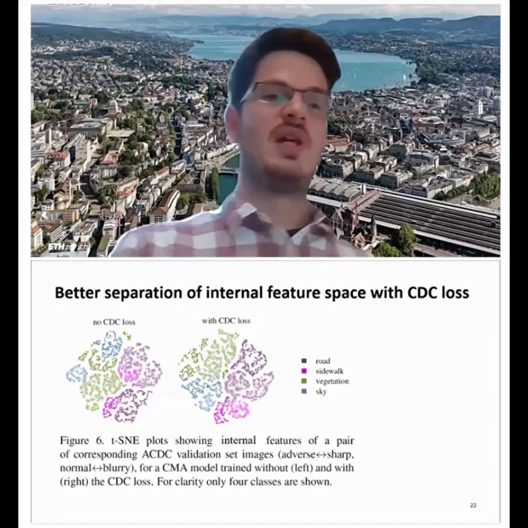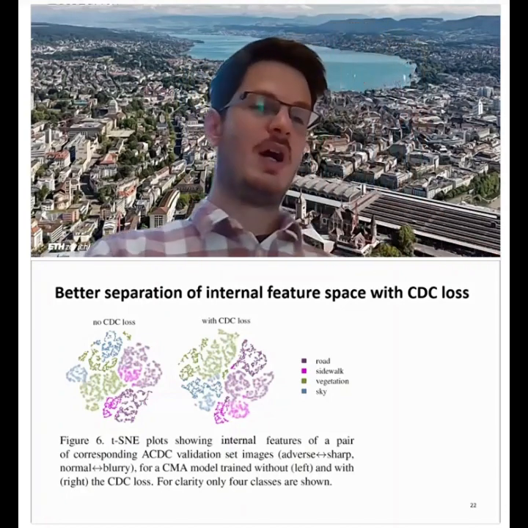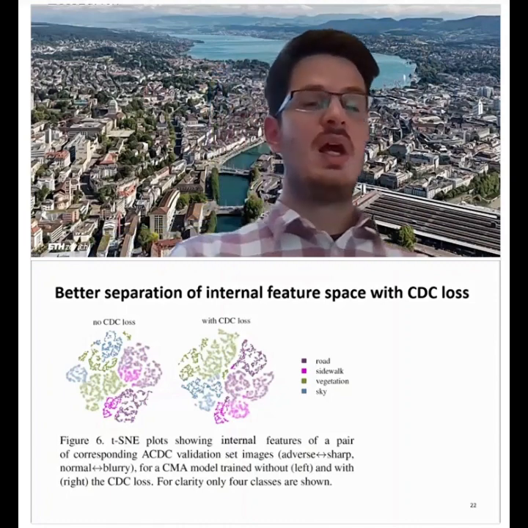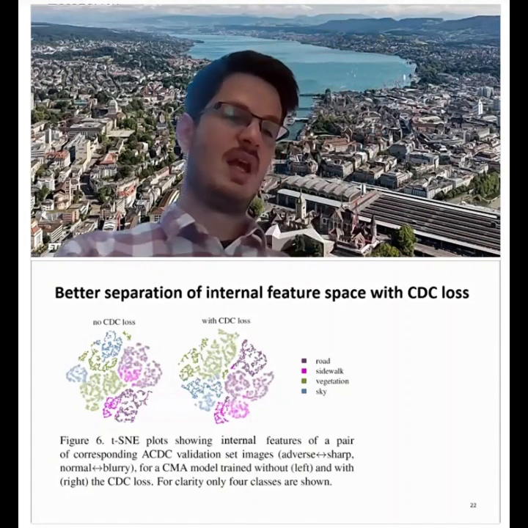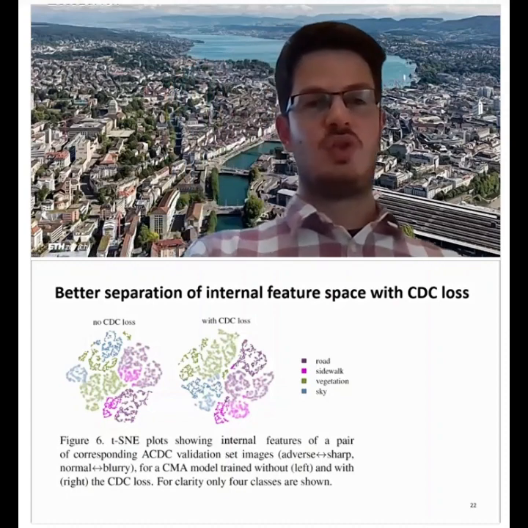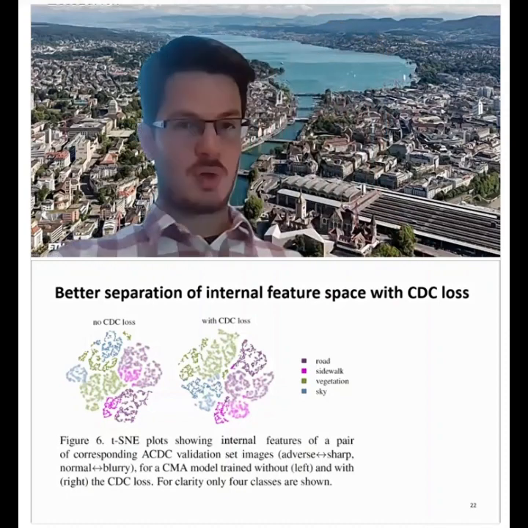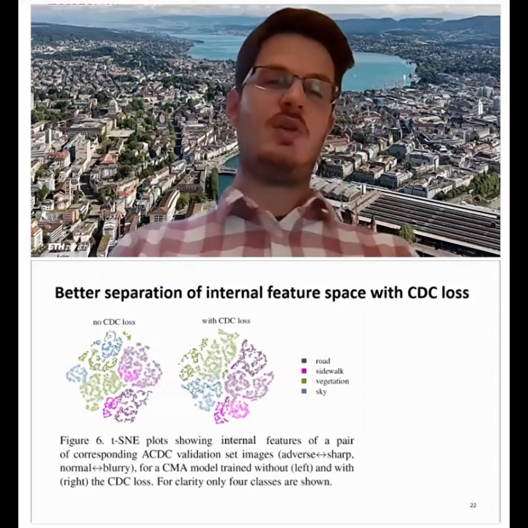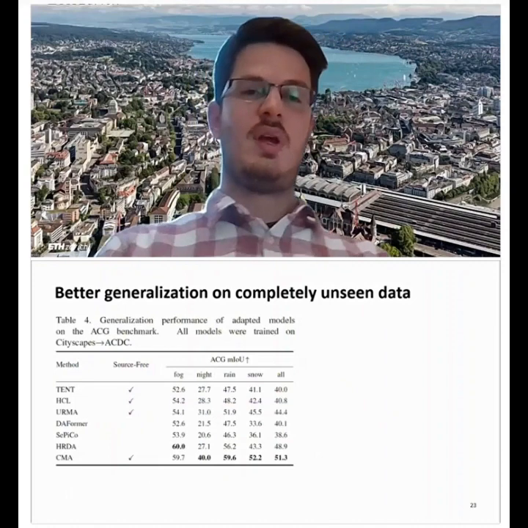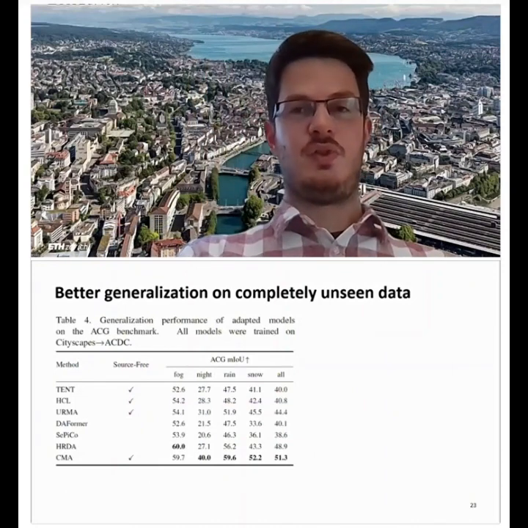So you see that, for example, the sky in the left part, without the CDC loss, has 2 different clusters, which are disconnected, and they have vegetation samples in between, whereas with the cross-domain contrastive loss, we're able to better cluster into coherent groups the pixels from the different classes in this feature space.